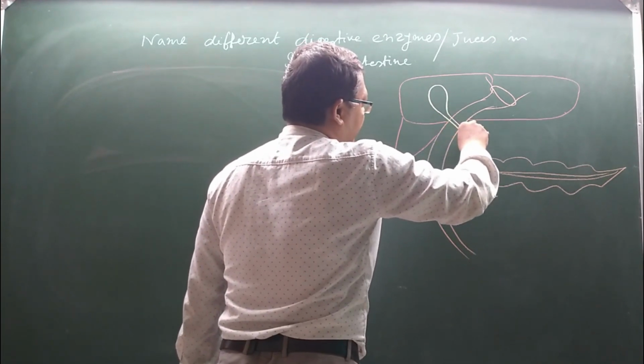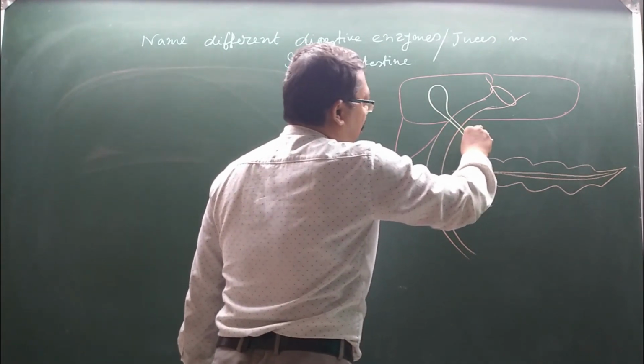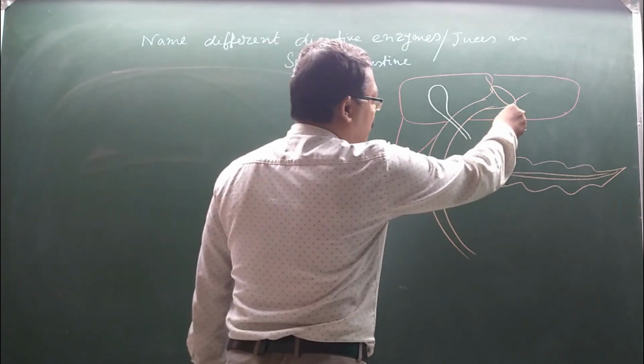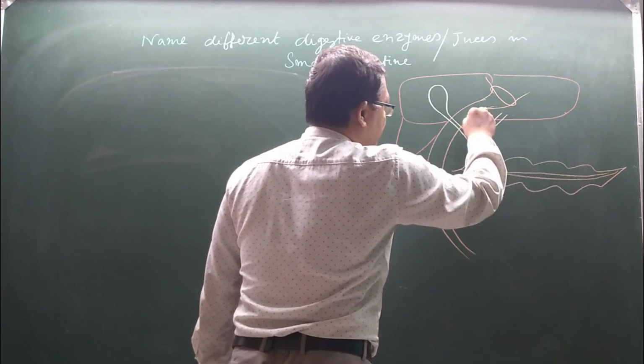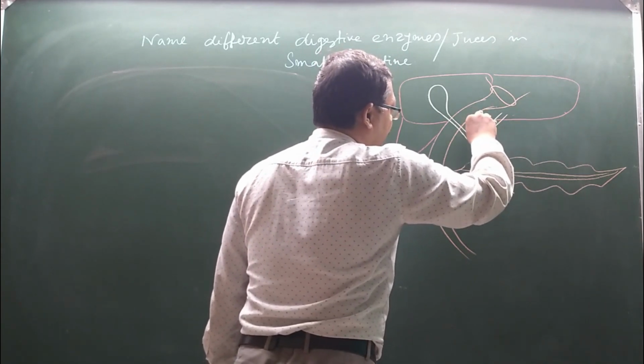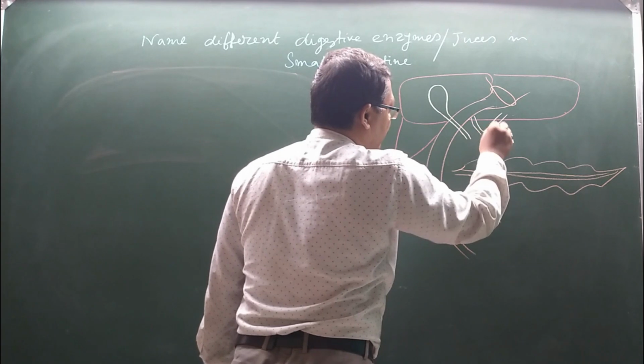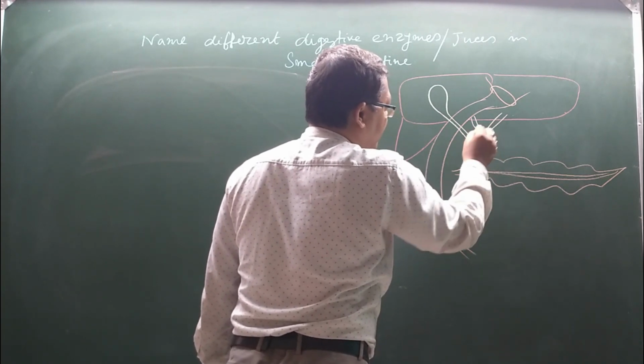The gallbladder has a duct called the cystic duct, and two other ducts come from the liver, called the hepatic ducts.